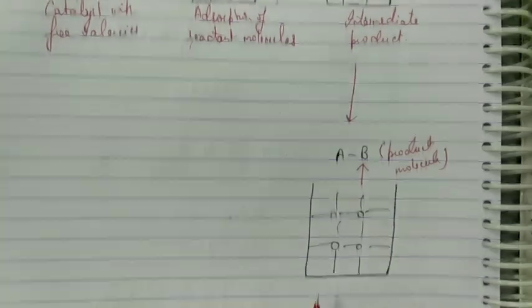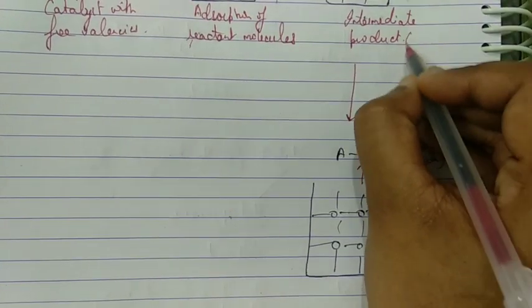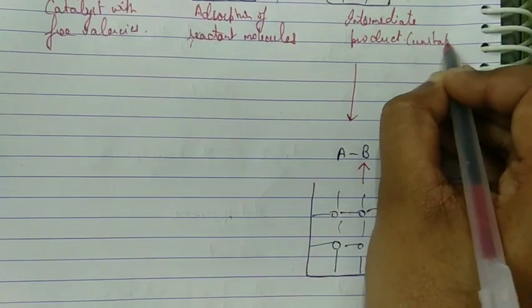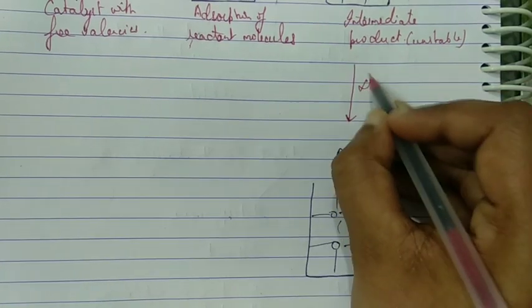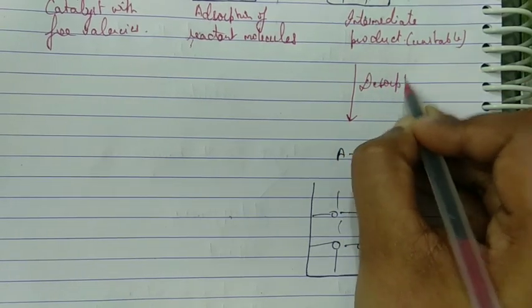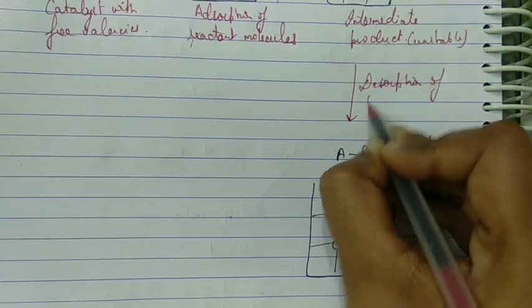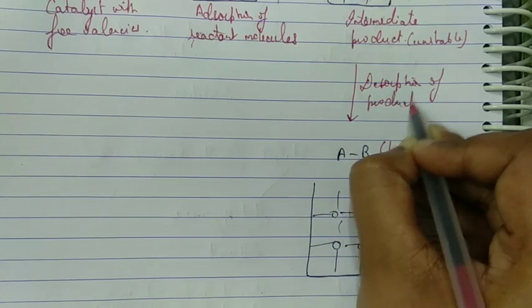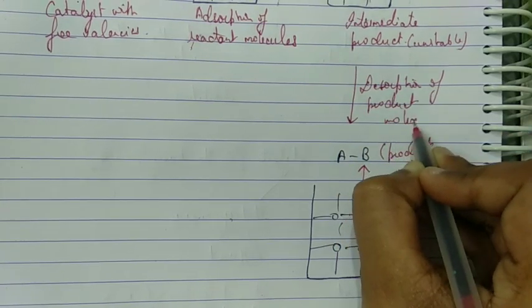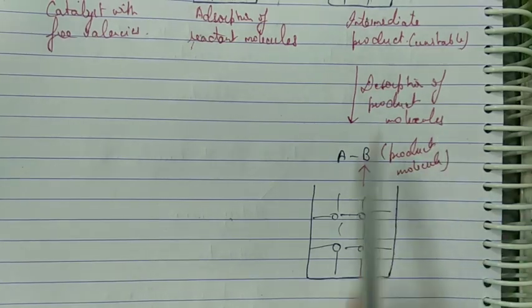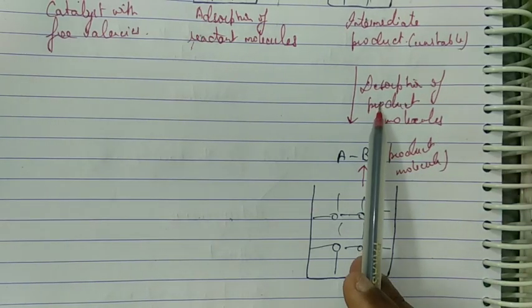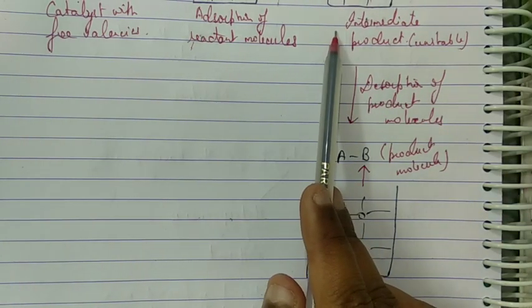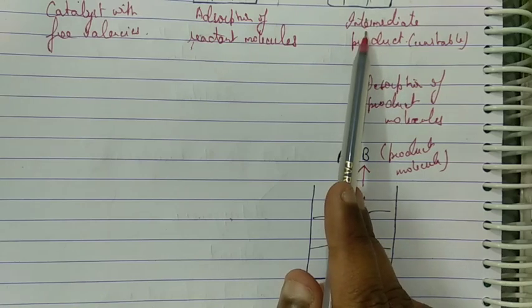After the formation of the unstable intermediate product, the process of desorption of product molecules will take place. Why is this going to take place? Because the intermediate product is considered unstable in nature.